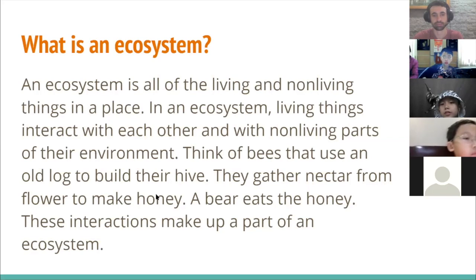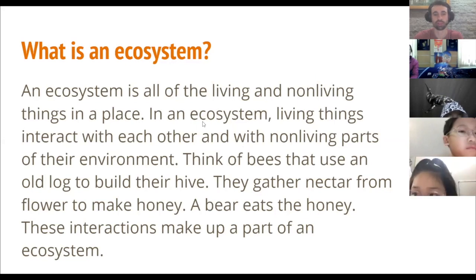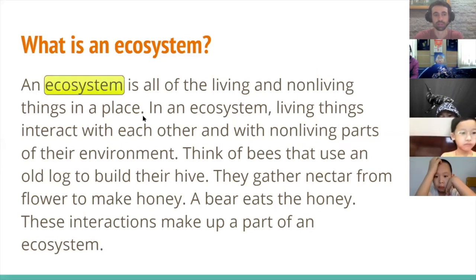Thank you. Yeah, so our vocab word here is what? What is our main vocab word? David, what is our main vocab word? Ecosystem. Yeah, ecosystem. And what is an ecosystem? Could you define it for us?